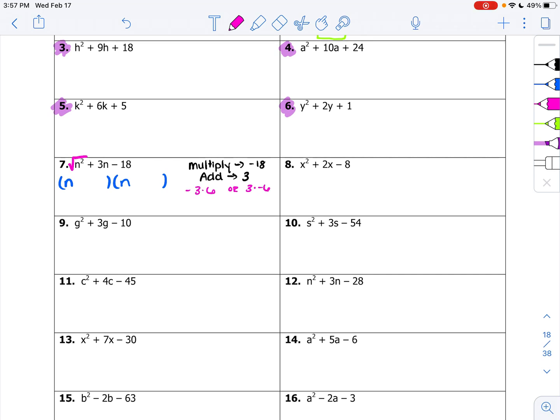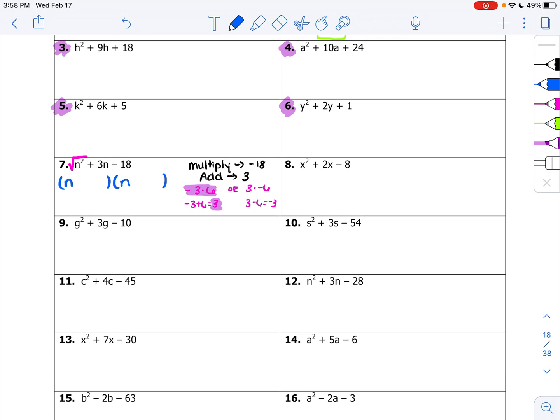If I combine them, negative 3 plus 6 gives me 3. And then the other option would be 3 minus 6, that gives me negative 3. Well, I'm looking for the option that multiplies to give me negative 18 and combines to give me 3, which would be negative 3 and positive 6.